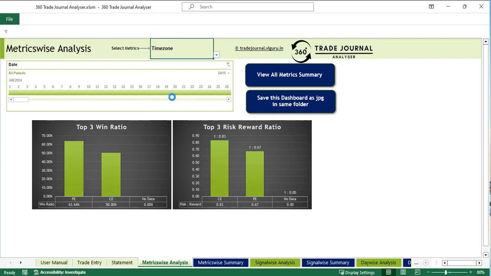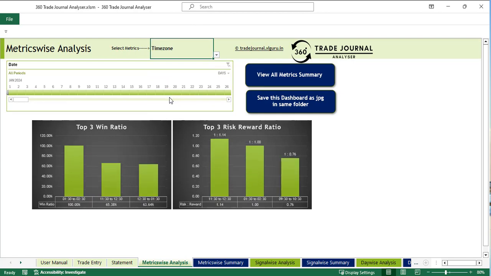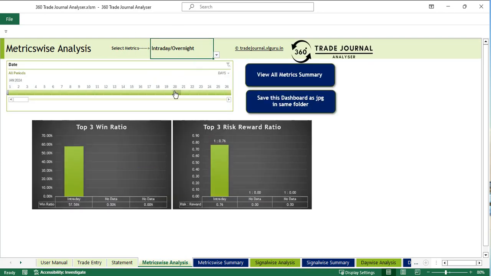Time zone wise you can analyze your trades, which one has the highest win ratio and which one has the highest risk reward ratio, and you can decide where you can place more bets. I don't have many overnight trades, maybe only intraday trades. So you can analyze via that as well, because overnight might not give you so many results.